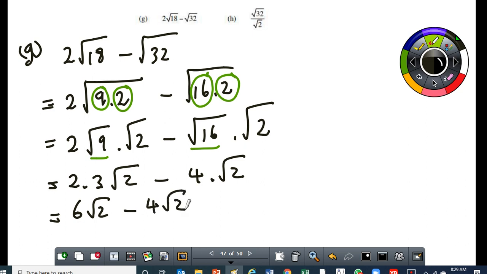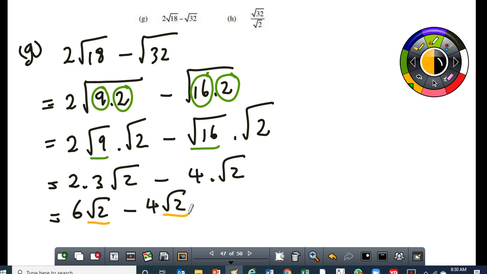Okay? Now, if you look at it here, we have a square root of 2 and we have a square root of 2, which means we have got two like terms, so we can subtract them. If you want, you can use the factorization technique. Okay?